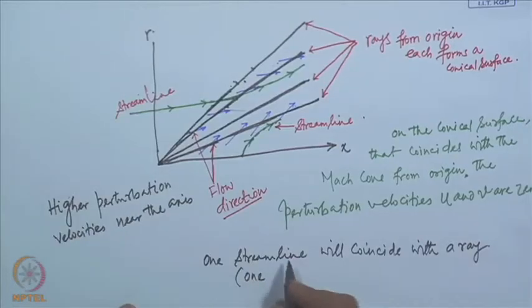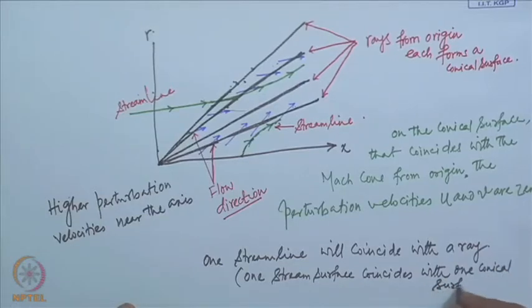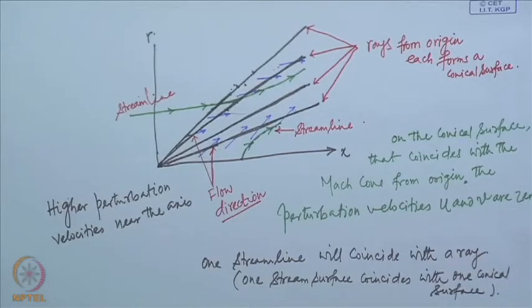For the complete axisymmetric case, one stream surface coincides with one conical surface. As you know, in an inviscid flow any streamline can be replaced by a solid wall. So, in this case, this complete conical surface can be thought of as a solid cone.